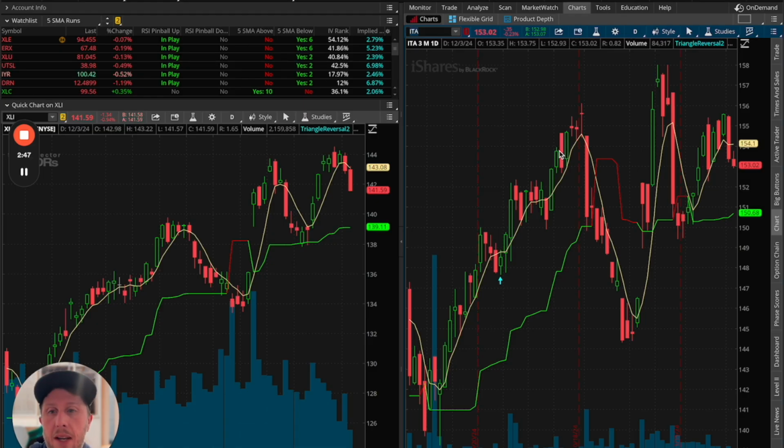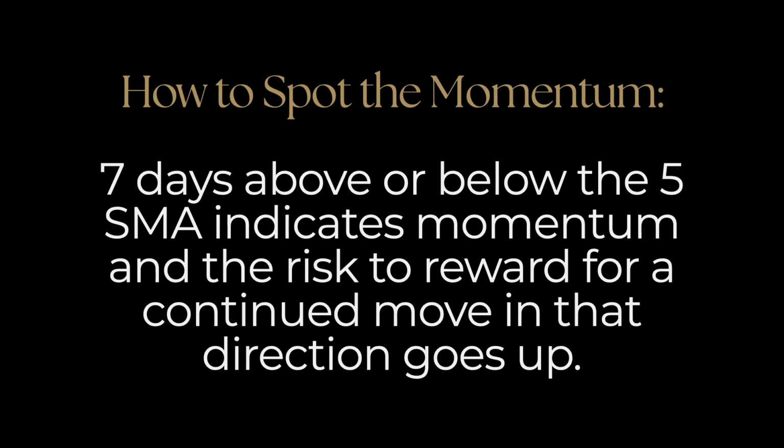If you find price moving for 7 days above the 5-period simple moving average, that is a sign that it's probably going to continue in that general direction for the next week or two. This is the same with the reverse as well. If it's been trading for 7 days below the 5 simple moving average, then chances are it's going to continue to trade in the same direction for at least the next week or two.